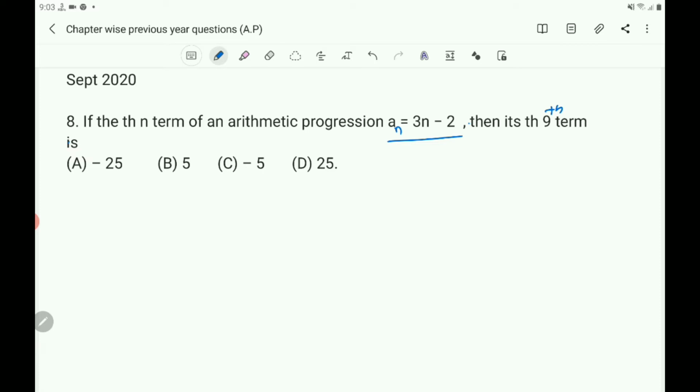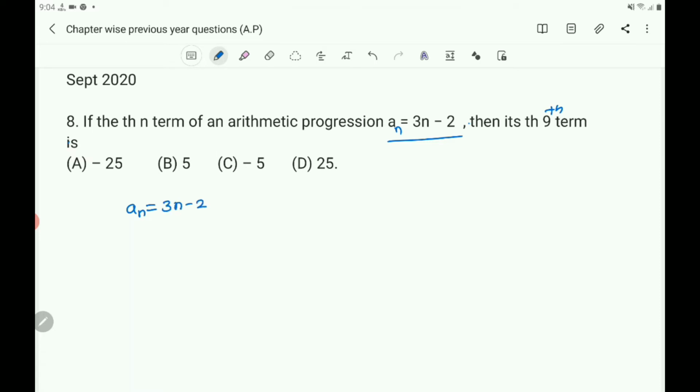You must calculate and find it. Do the calculation in the rough area, find the answer, select the correct answer and write it with its alphabet. So here an equals 3n minus 2.